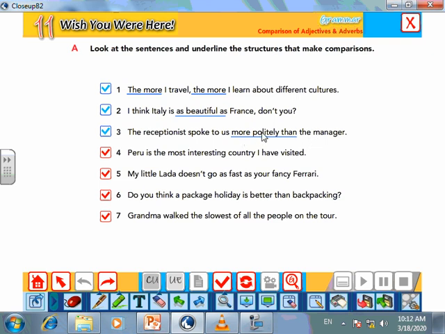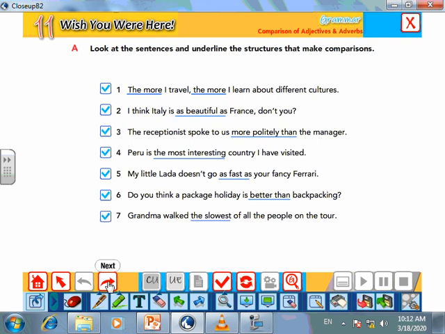So here more, adverb, than. Peru is the most interesting country I have ever visited. Excellent. The most interesting. Number 5. My little Lada doesn't go as fast as. So excellent. As fast as. Do you think a package holiday is better than backpacking? Very good. Better than. And the last one, the slowest. You are all awesome. Thank you.